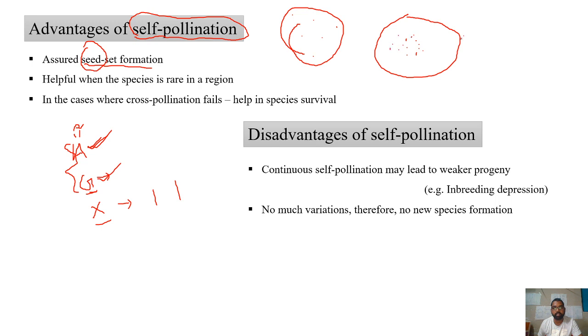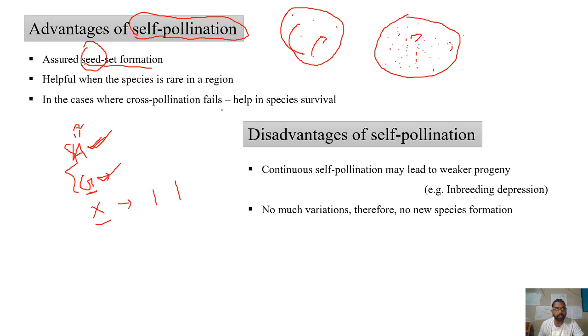So in the second case, the distribution of the species is more dense. But here it is sparsely distributed. In this case, the chance of pollination will always be high because the species is densely populated. But in this case, the plants are sparsely distributed. The distance between the different plants is more, so the cross-pollination chances will be less. So self-pollination can help when the species is rare in a particular region.